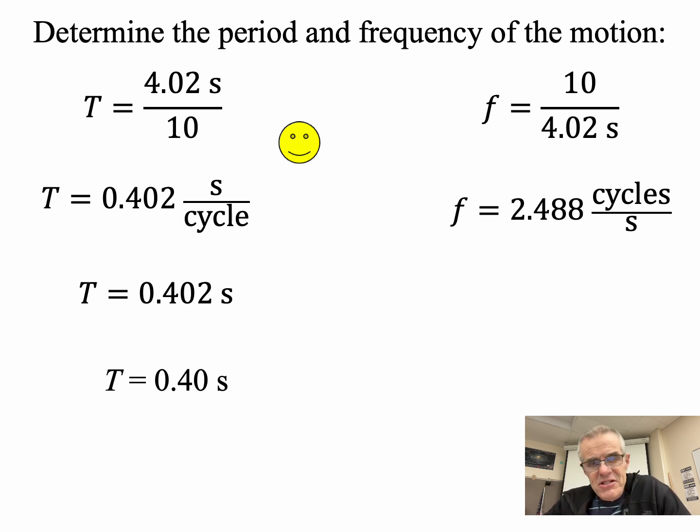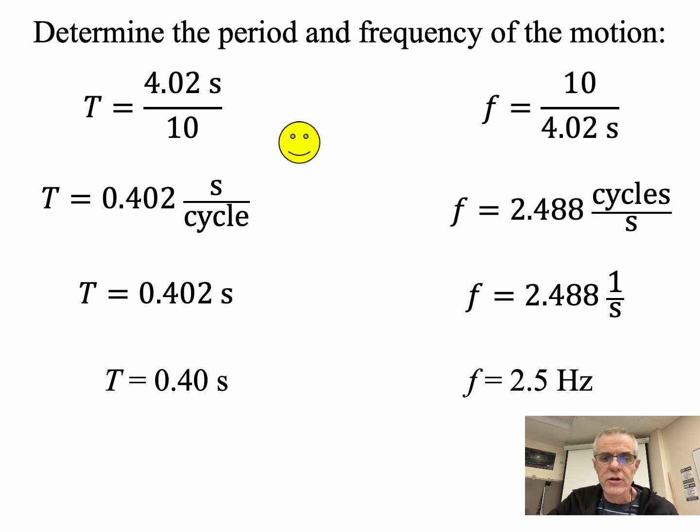Again, the word cycle is not really a unit, so we don't necessarily treat it like a unit. It helps in your mind to think of it, okay, we're finding how many cycles per second, but I normally would write it as just 1/seconds. But 1/seconds is equivalent to this special unit we call the hertz. So I'm going to say my final answer here, the frequency of that motion that we were watching is 2.5 hertz. And what it means is 2.5 cycles per second.